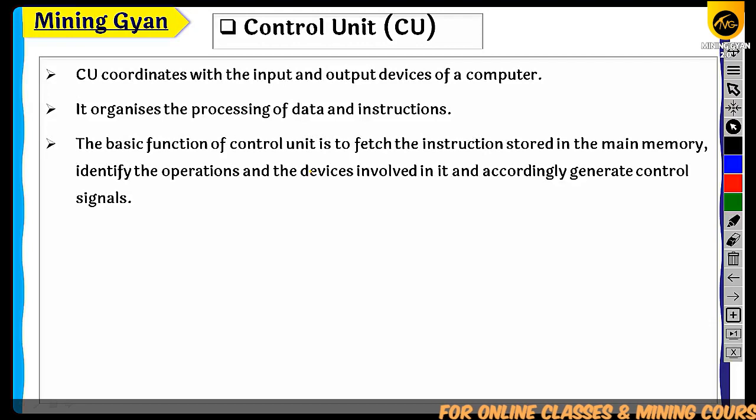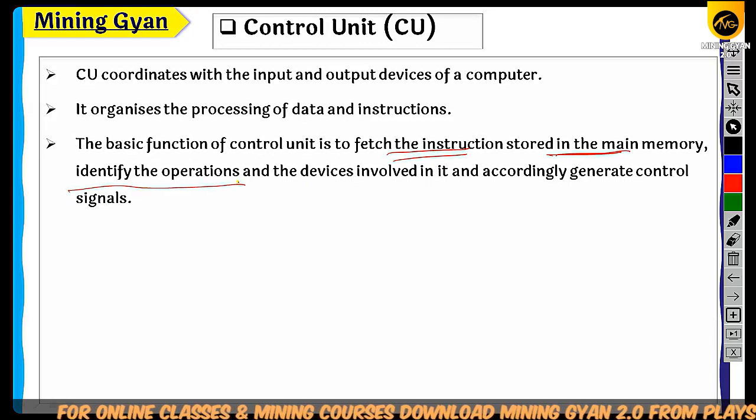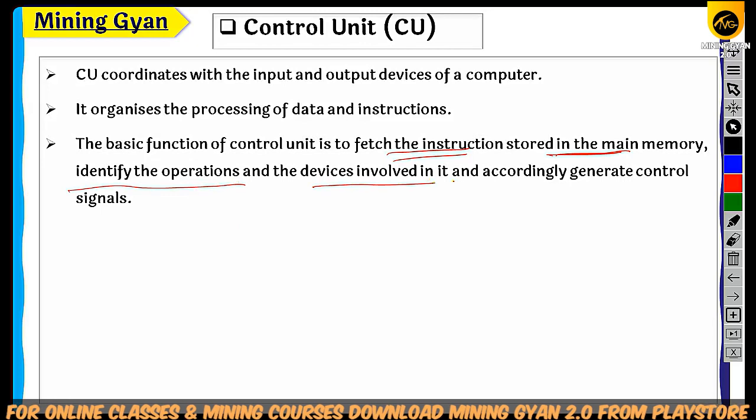The basic function of the control unit is to fetch the instruction stored in the main memory, identify the operation and the device involved in it, and accordingly generate control signals. So basically control unit कर क्या रहा है, सबसे पहले तो control unit is to fetch the instruction stored in the main memory.